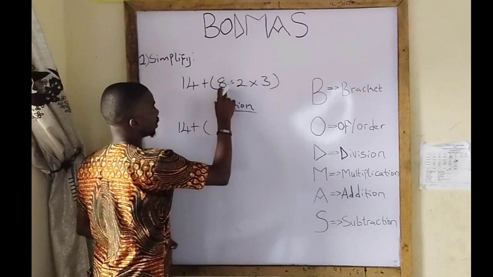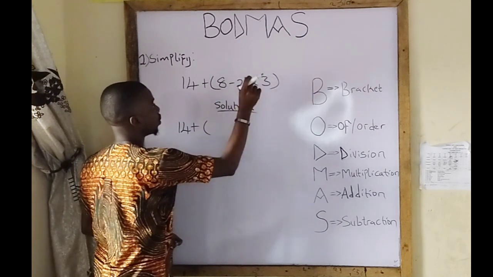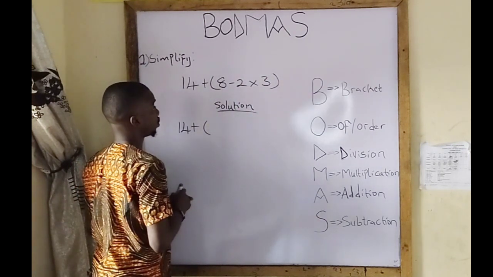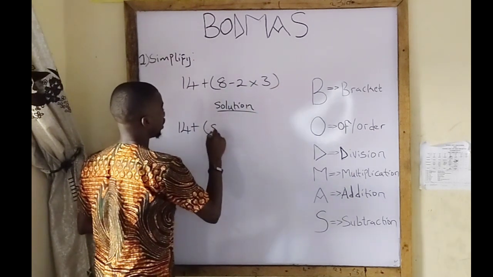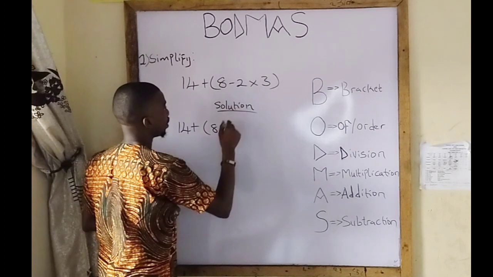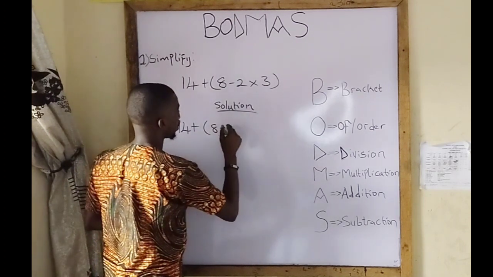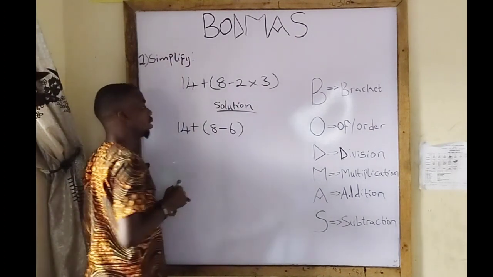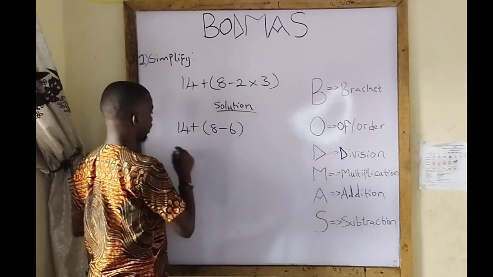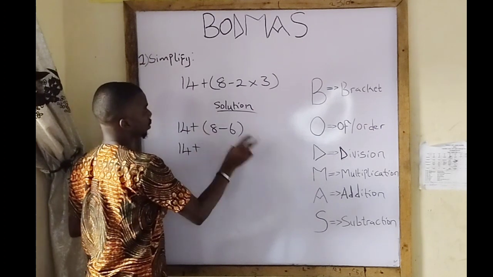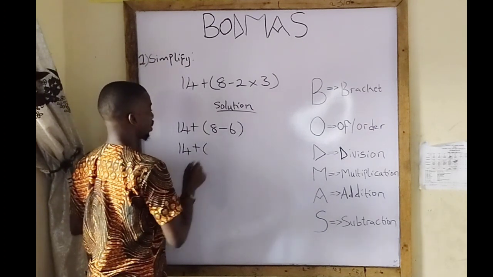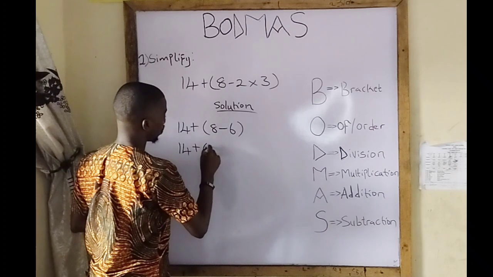Inside the bracket we have 8 minus 2 times 3. We start with multiplication because it's higher. 2 times 3 will give us 6, so we have 8 minus 6, that is 2.